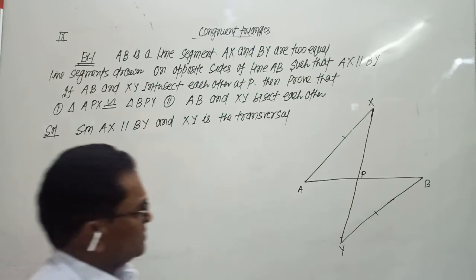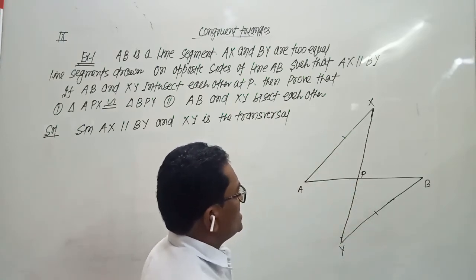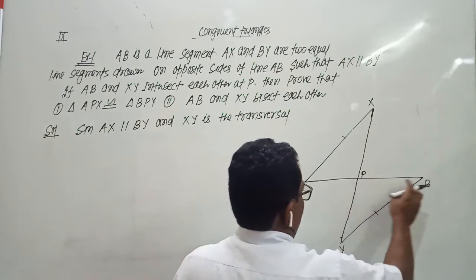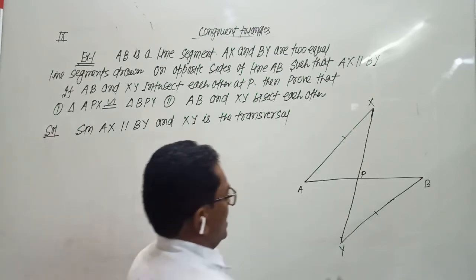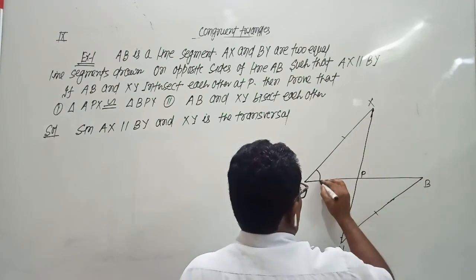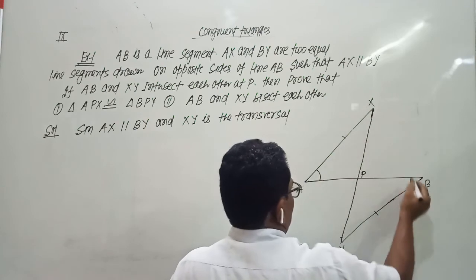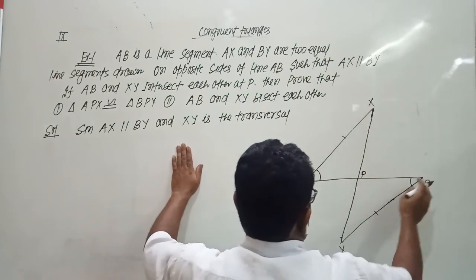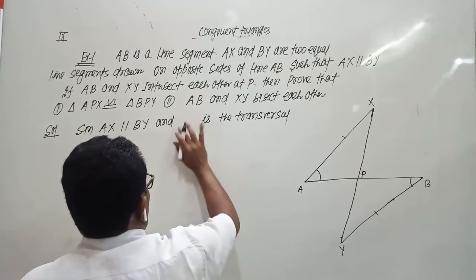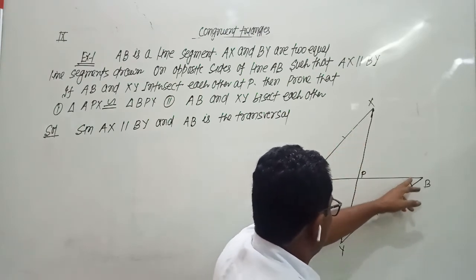So angle BAX equals angle ABY, because AX and BY are parallel lines and AB is the transversal.